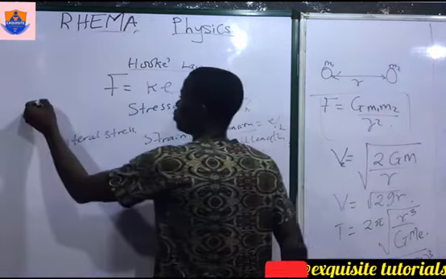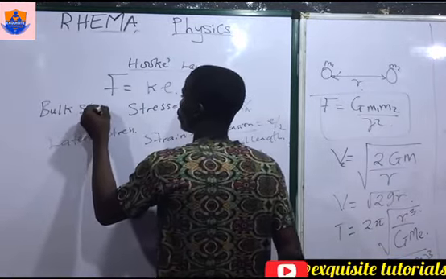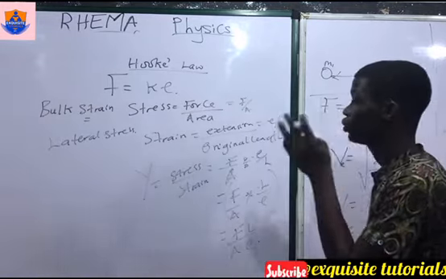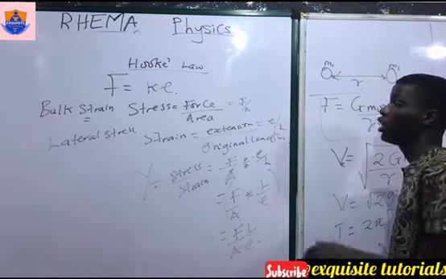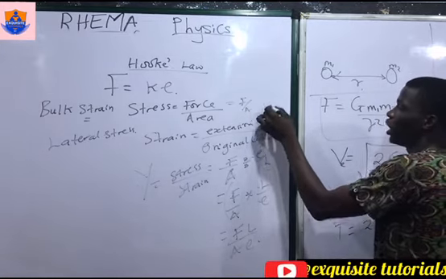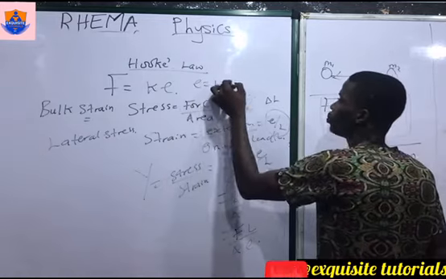There's something called the bulk strain. Just as we have our normal strain, there's something called the bulk strain. Take note, the strain we are dealing with so far has to do with our change in length. Extension is equal to L2 minus L1.